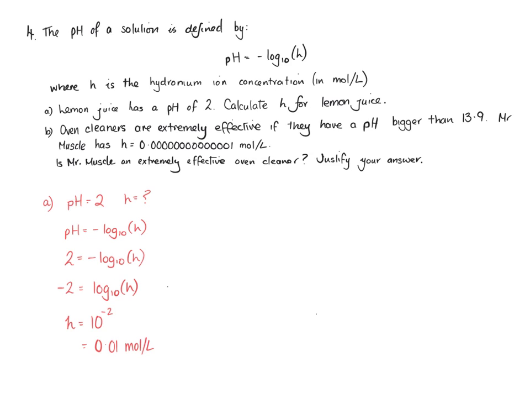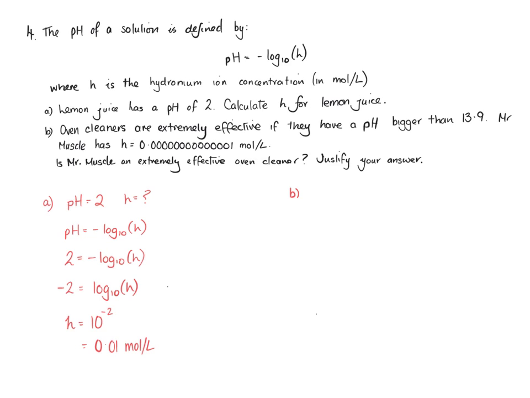Right, so for B, we need to find the pH. It's told us that oven cleaners are extremely effective if they have a pH bigger than 13.9, and it says Mr. Muscle has an H of 0. and then there's 13 zeros I've counted, and then a 1. Is Mr. Muscle an extremely effective oven cleaner?